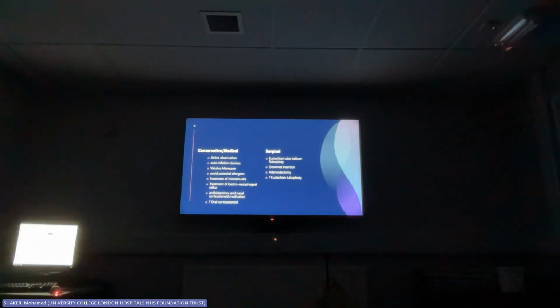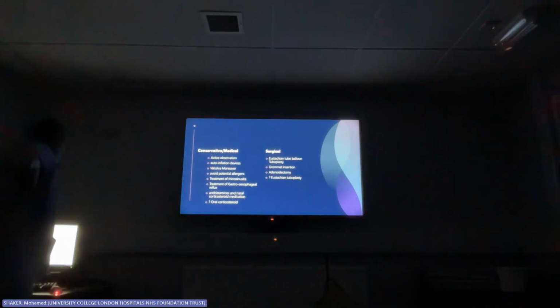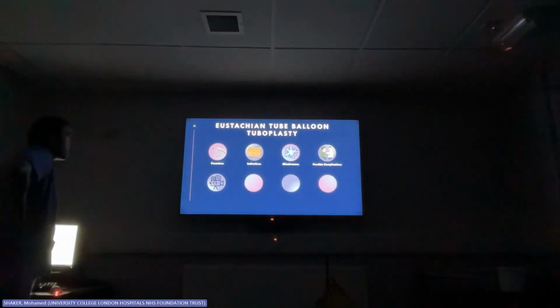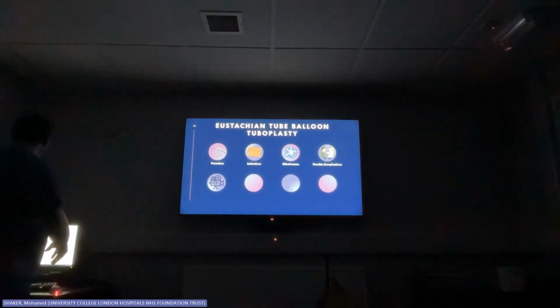The scar tissue will pull the torus tubarius medially, keeping the tube open. The problem with that is you may end up with a patulous Eustachian tube that's open all the time, and the patient will suffer from hearing their own voice and infections all the time. That's why I put a question mark around it.